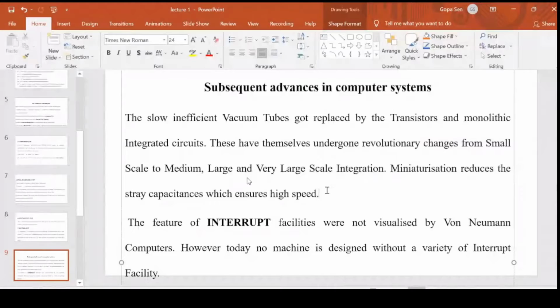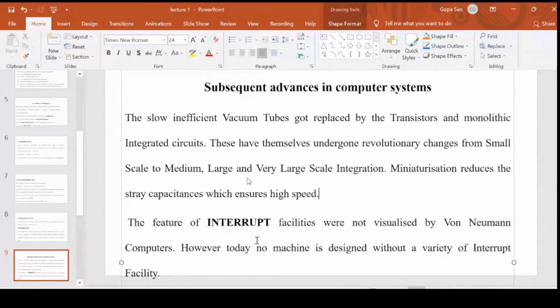Now, the only problem of von Neumann type of machine was that the feature of interrupt facility was not visualized by the von Neumann computers. Von Neumann computers do not consider the feature of interrupting the machine either externally or internally. However, today no machine is designed without a variety of interrupt facilities.